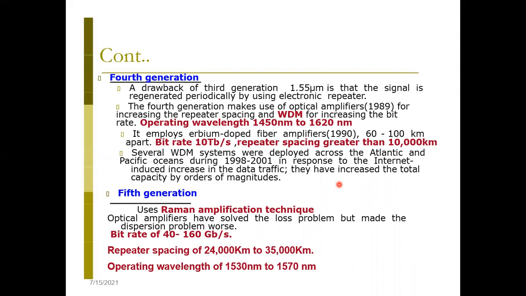When satellite communication came, they could cover the entire globe with only 3 satellites. For fiber optics it was a challenge because it is a wired thing, so we had to lay down the fiber cable in the sea and then continue with the communication. That was also possible with WDM when it came in the 4th generation.